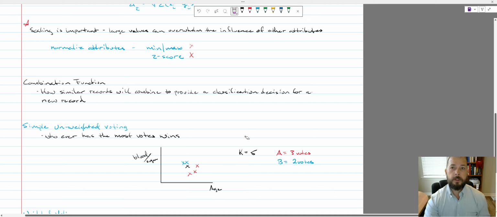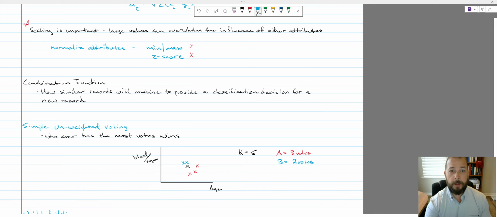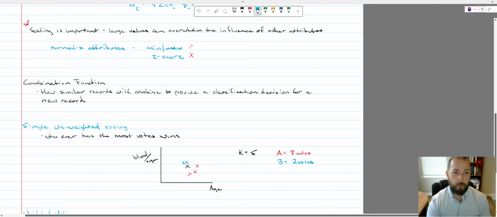When I do that, I tally them up. I saw that in 3 instances I gave drug A, and in 2 instances I gave drug B, based on all 5 of these observations. Because I'm using the simple unweighted voting combination function, whoever has the most votes is going to win. So in this instance, drug A, which I gave 3 times, is the winner.